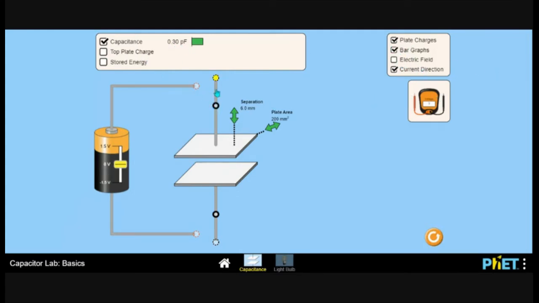Now let's connect the wire to the battery. So let's say, for example, we apply 1.5 volts. If we apply 1.5 volts, the positive charges will be collected by the positive plate.